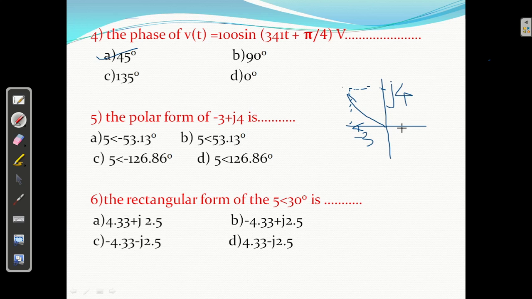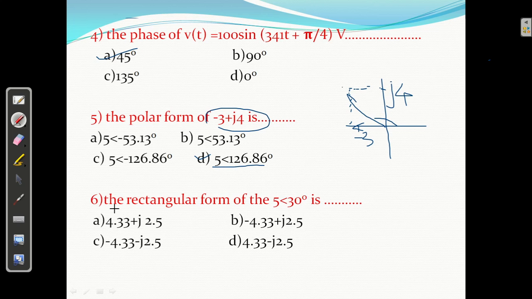So 5. Angle will be approximately more than 90. Otherwise, you can use the calculator, convert rectangle to polar, you will get this angle. 5 of the angle 126.